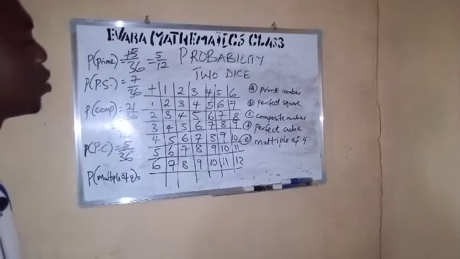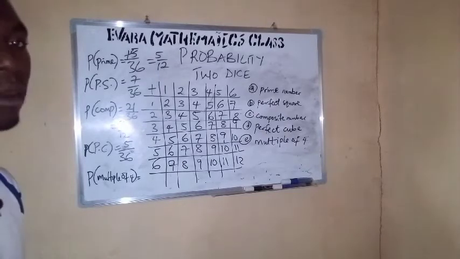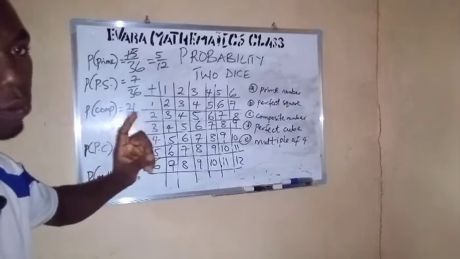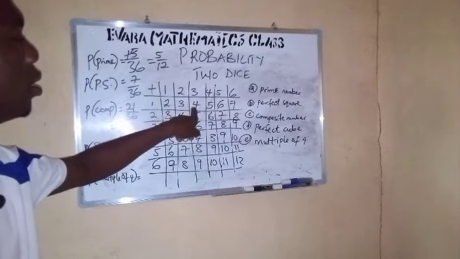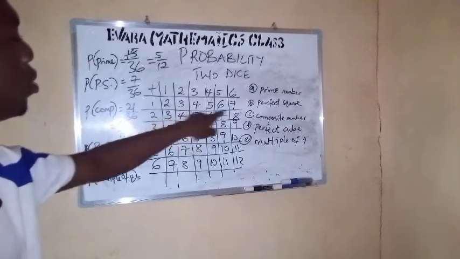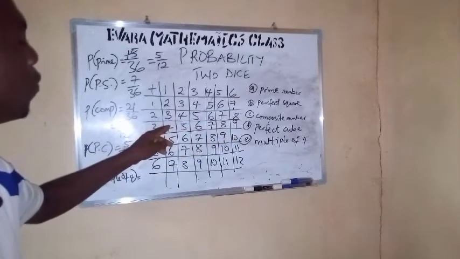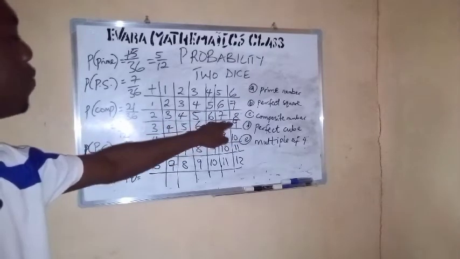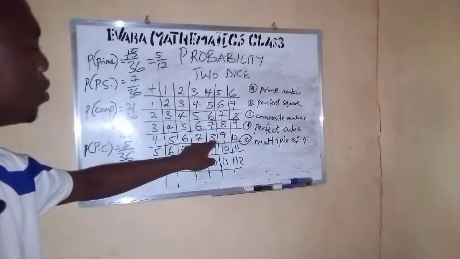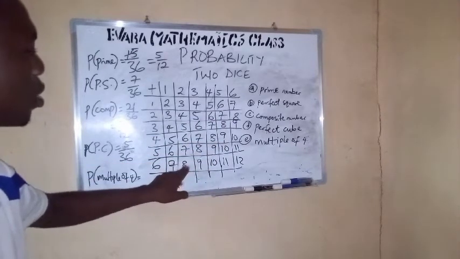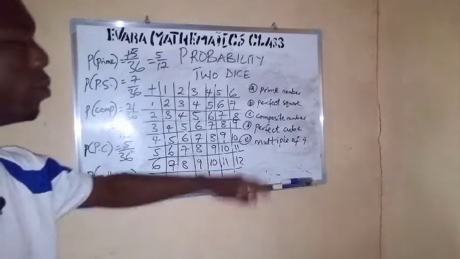A multiple of 4 is a number that can be divided by 4 without any remainder. 4 is a multiple of 4. 8 is divisible by 4. 12 is also a multiple of 4.